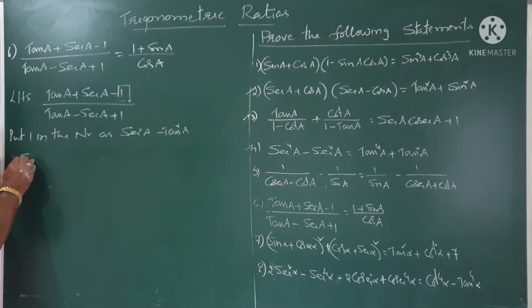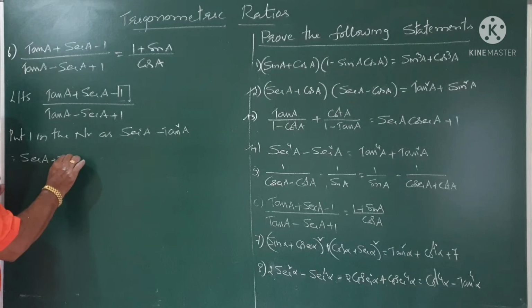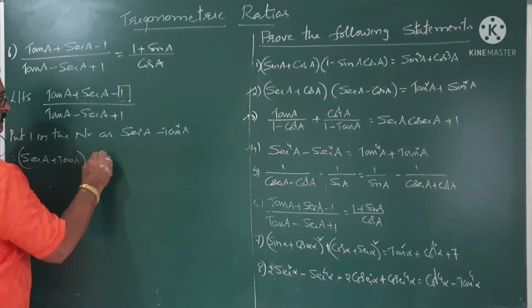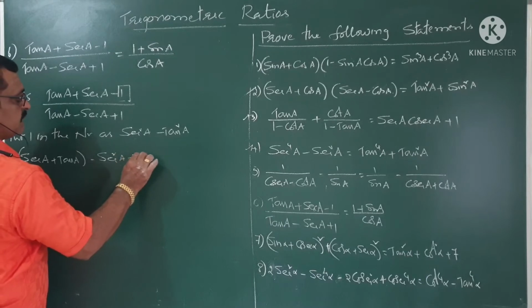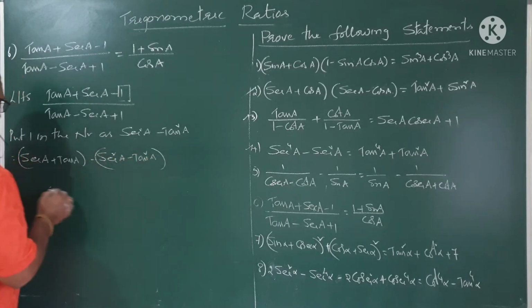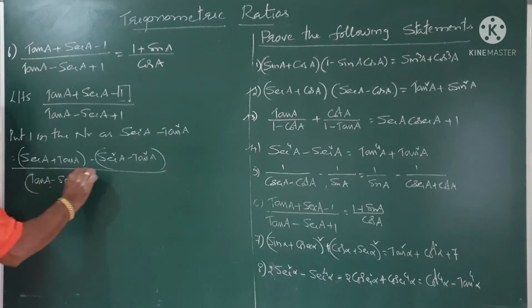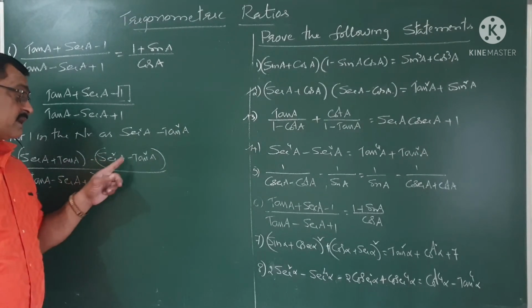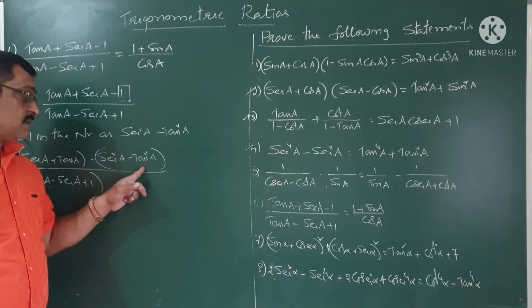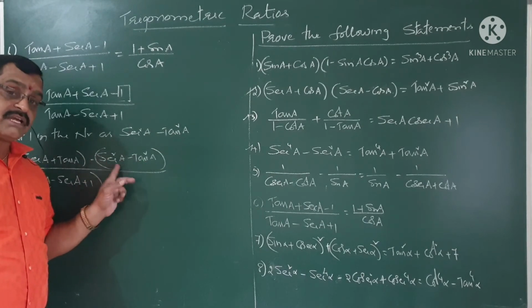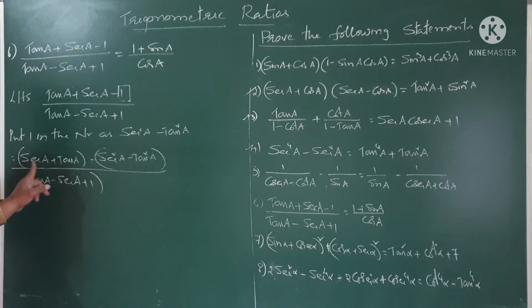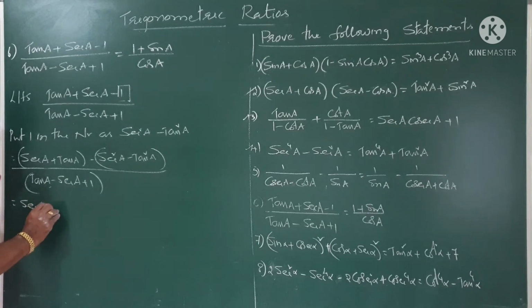So we can have secant a plus tan a minus secant square a minus tan square a upon tan a minus secant a plus 1. Now this is a square minus b square in the form of identity. So I can write secant a minus tan a times secant a plus tan a, and in these two, secant a plus tan a is a common factor. So I take secant a plus tan a as a common factor.